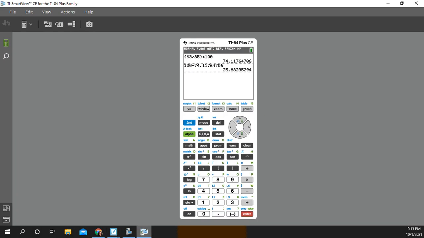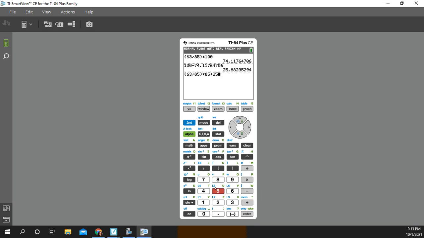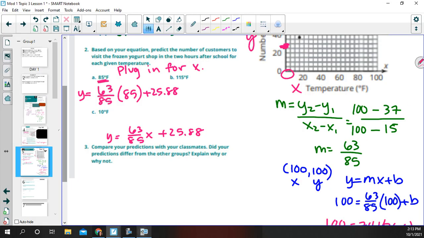I'm going to keep that 63 divided by 85 in parentheses, and then I'm going to times it by 85, and then I'm adding 25.88. If you chose 2 different points and you had a different equation, you're going to have different answers. So I have about 89 people. Okay, I'm going to put 88 people because we can't make a person. So I'm going to say 88 people for this one.